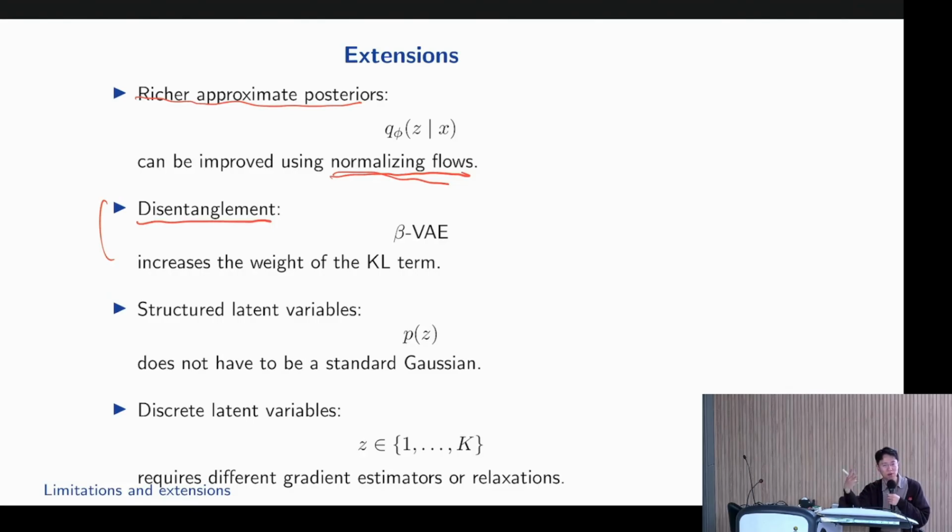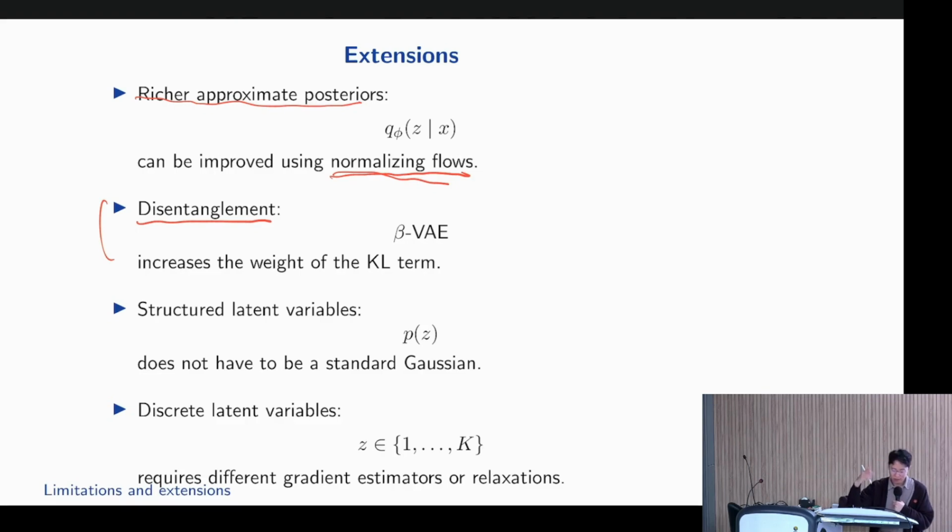Because there's nothing forcing us to say, okay, Z1, Z2, Z3 they all have to model different aspects of the generative process. But that's not enforced right now. It's possible that both Z1 and Z2 are sensitive to rotation or something like this. And it actually happens.